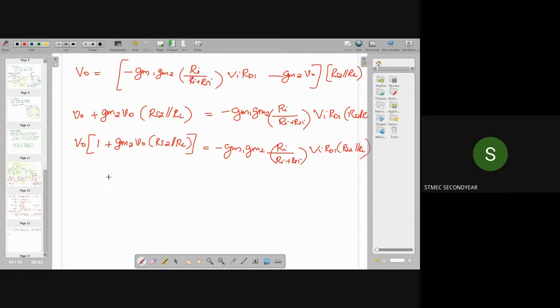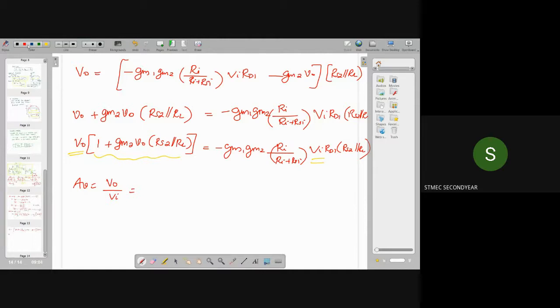Right. Now we can write the voltage gain, that is equal to what? V out by Vin. So V out by Vin means here you have V out and here you have Vin. So take this Vi to the left side and take this term to the right side.